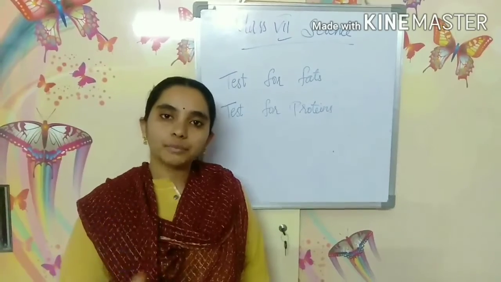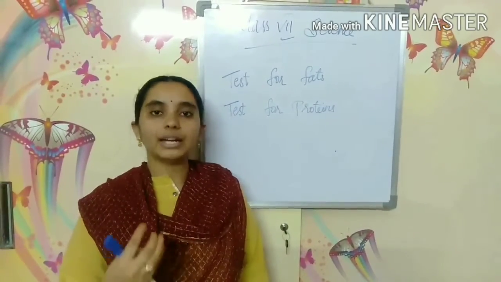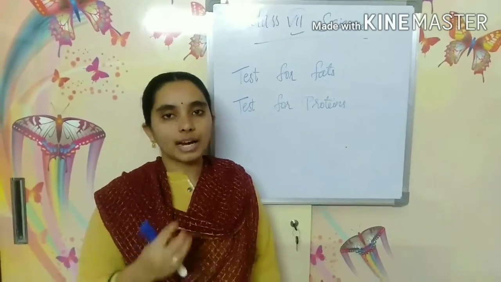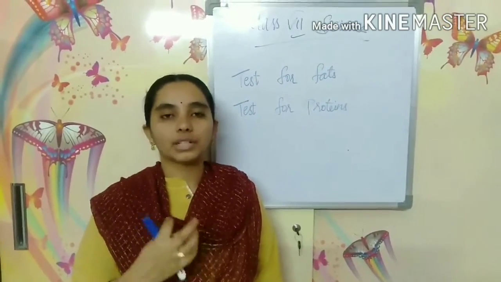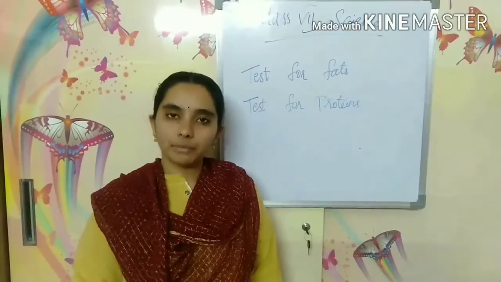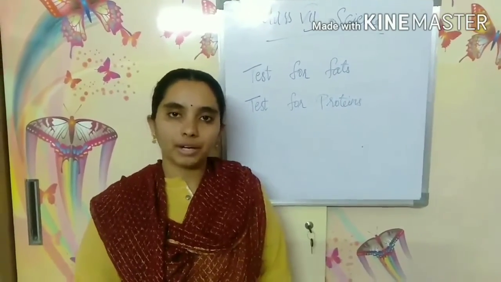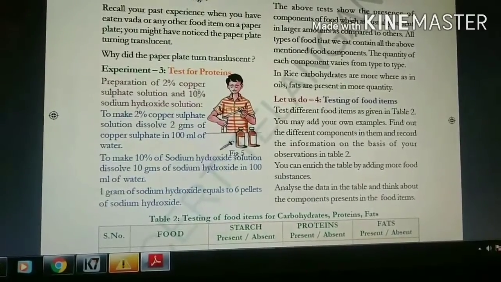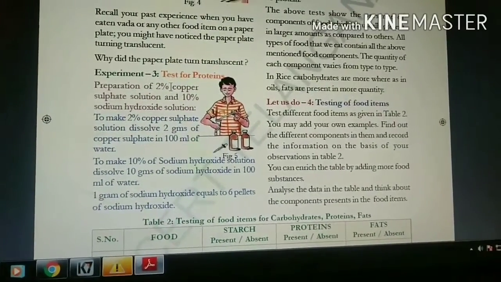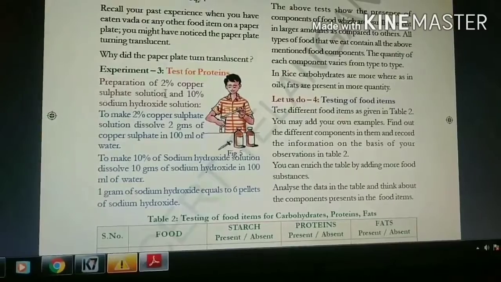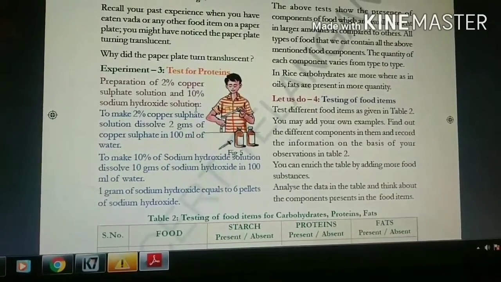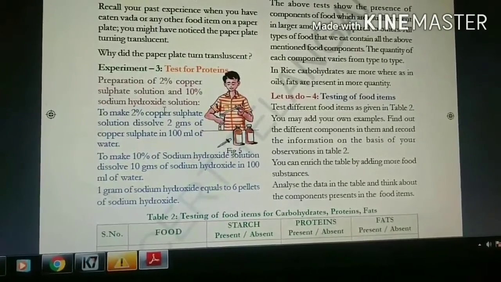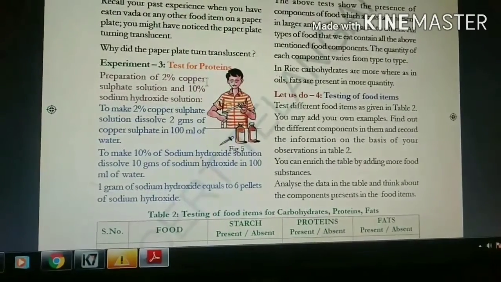That procedure, the experiment, I will show in one video, so then you will understand how to test the proteins, what chemicals are used and how they are prepared. To test the presence of proteins, we need two chemicals called copper sulfate solution and sodium hydroxide solution. These two are the chemicals that we use to test the proteins.